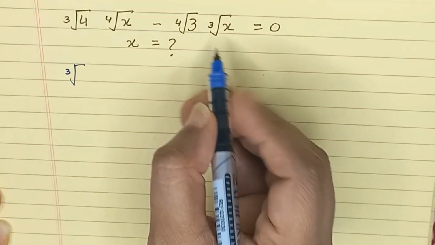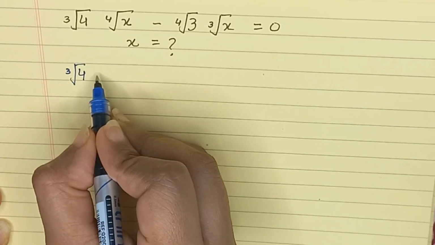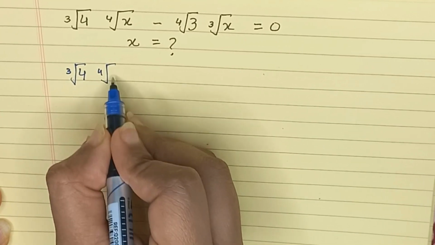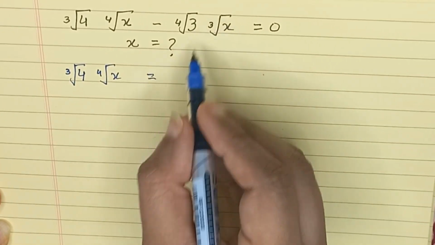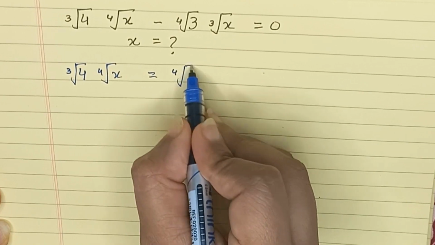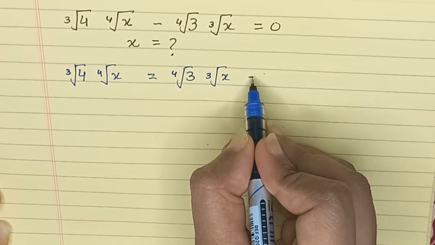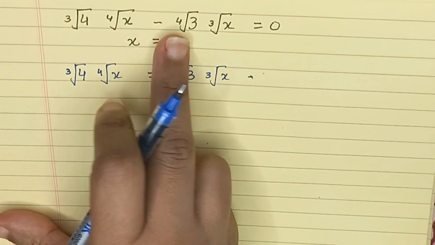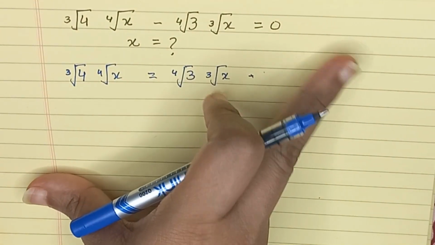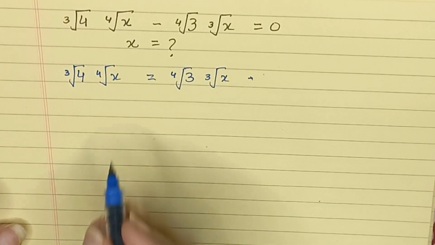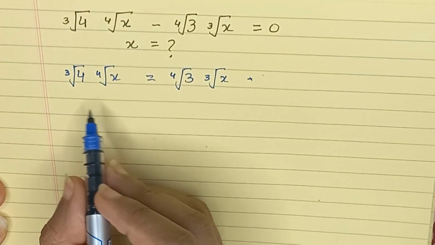We can write the given equation as cube root of 4 times fourth root of x is equal to fourth root of 3 times cube root of x. We will take this term to the right side of the equal sign.